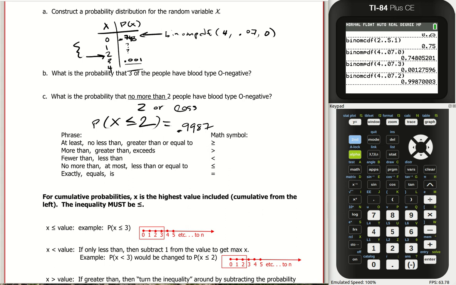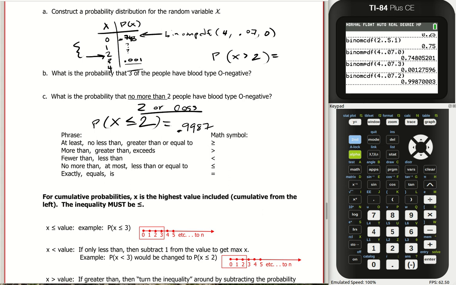And in the event that we wanted to find, how about more than 2? Like the probability that you find more than 2 people who have type O negative blood. We want to be able to do this calculation using binomial CDF. Well, this is the opposite of less than or equal to 2, the one that we just found. 2 or less is 0, 1, or 2.